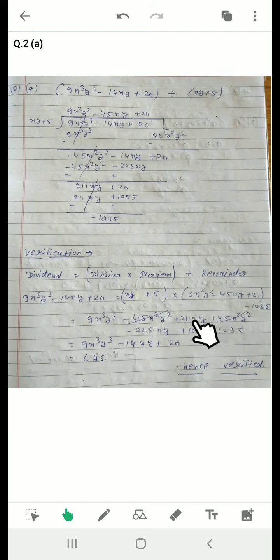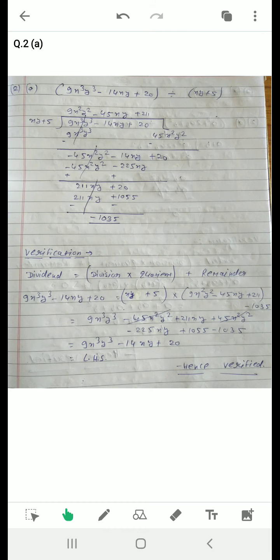This is 211xy and this is minus 225xy. They can also be simplified. 211 minus 225 will be minus 14xy, and then 1055 minus 1035 will be plus 20, and that is our dividend.